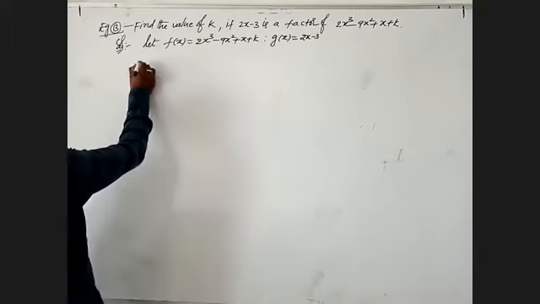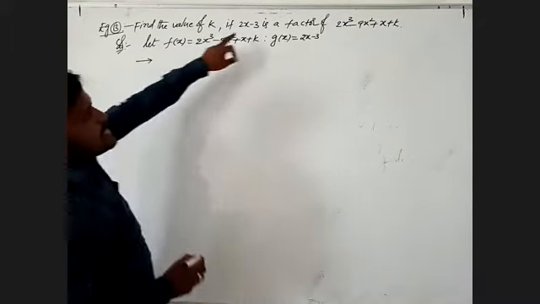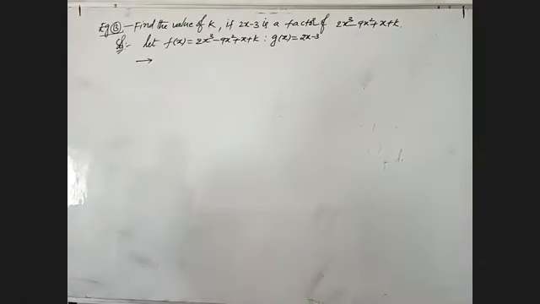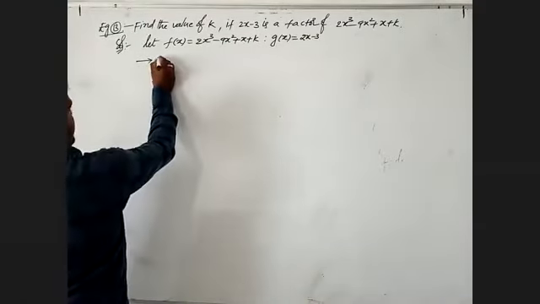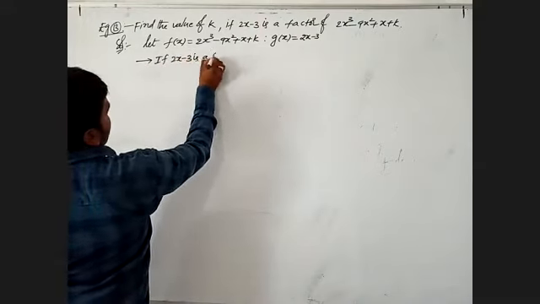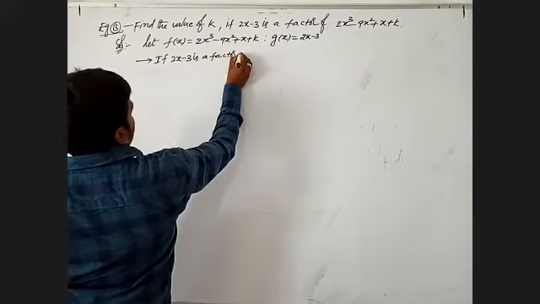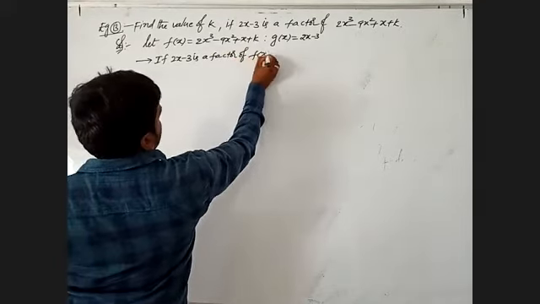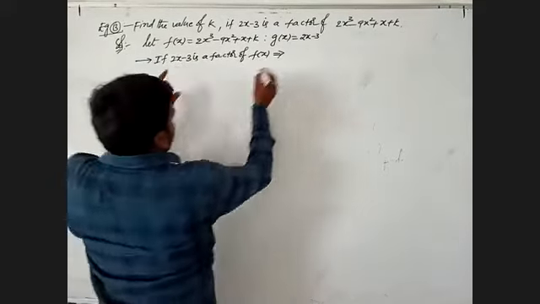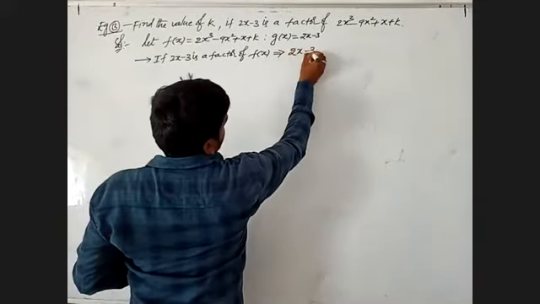What is the condition given? If 2x minus 3 is a factor of f of x, then this given polynomial must be equal to 0.